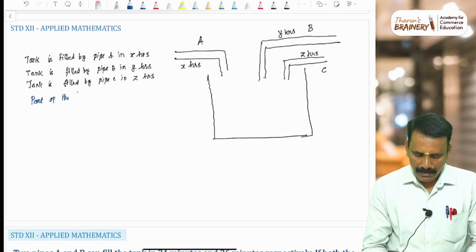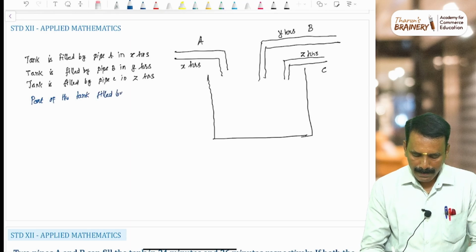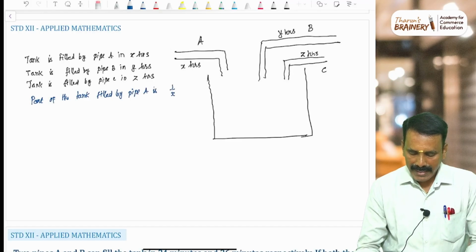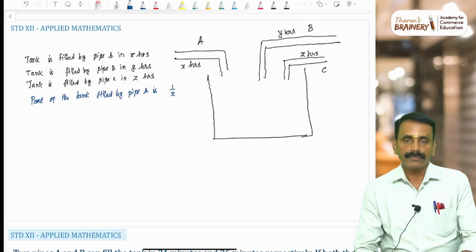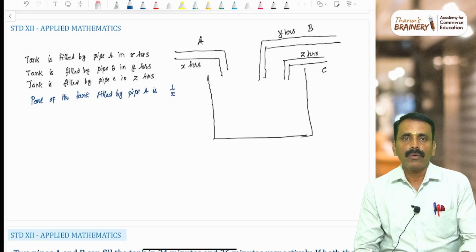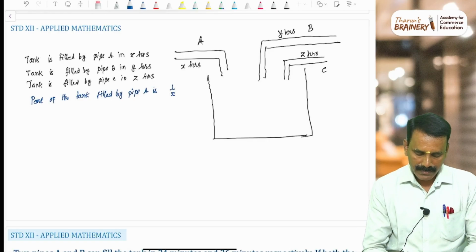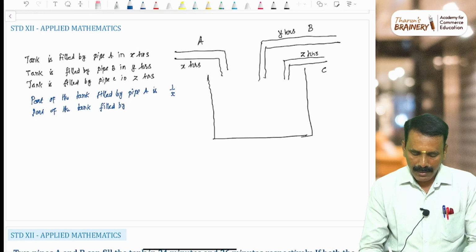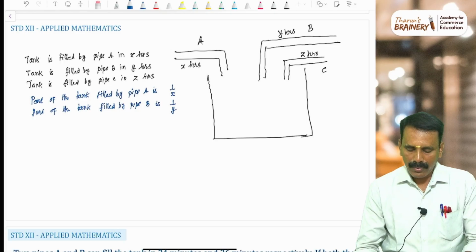Part of the tank filled by pipe A is 1 by x, because it takes x hours to fill the entire tank, so in 1 hour it will fill 1 by x part of the tank, and the part of the tank filled by pipe B will be 1 by y.